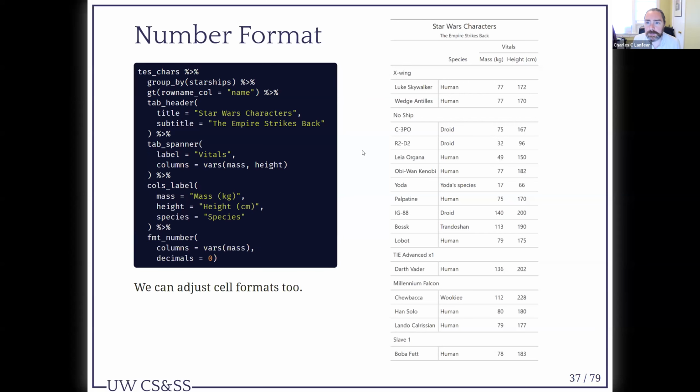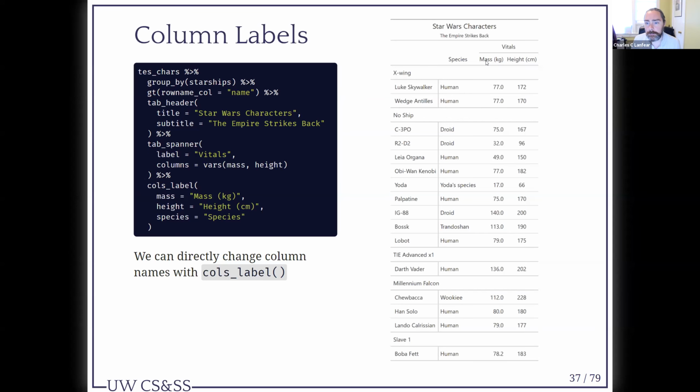Next thing. So for some reason, if you look on mass in kilograms, every single person in the Star Wars universe apparently has an exact even mass in kilograms, right? 0.0, 0.0, 0.0. But for some reason, Boba Fett is specific. Maybe Slave One has a scale on it that's actually accurate, and he can measure himself to 78.2 kilograms, and he just had to report that. Well, I probably don't care about that decimal point. You can do little fine formatting in GT like this.